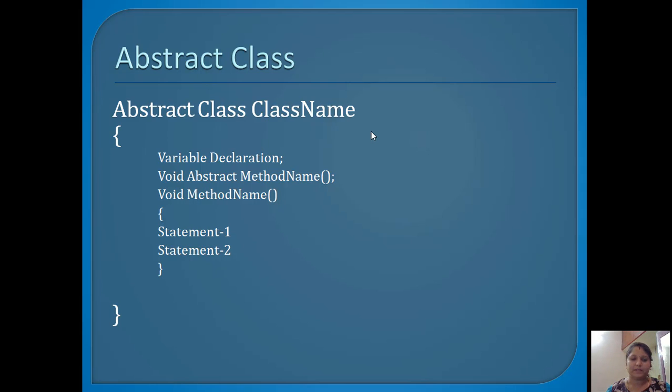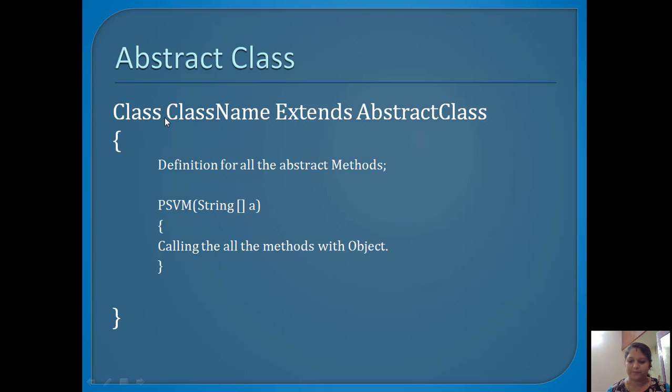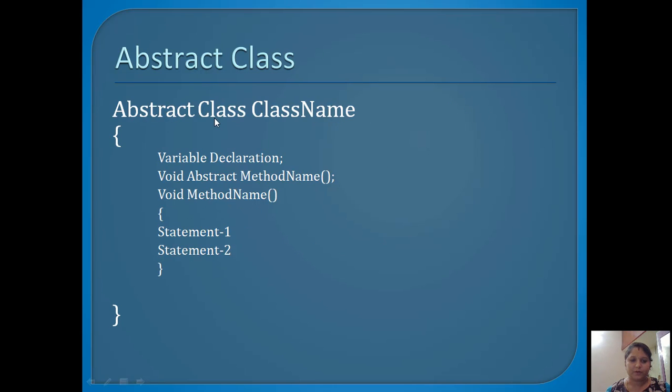This is the syntax for how you declare a class. Here is your class name, and since it is an abstract class, we define the abstract keyword here. Inside your abstract class, you can have variable declarations and abstract methods.